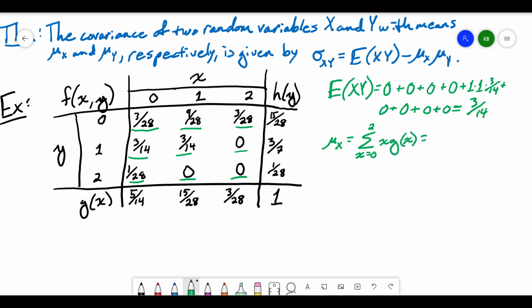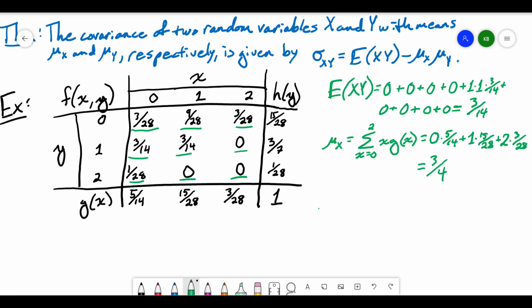So when I do this, when x is 0, I have a g of x value of 5/14, plus when x is 1, I have a g of x value of 15/28, plus when x is 2, I have a g of x value of 3/28. So when I take those products and that sum, I'll end up with a mean of 3/4 with respect to my random variable x.